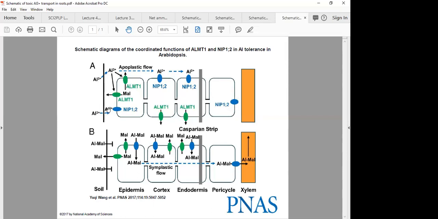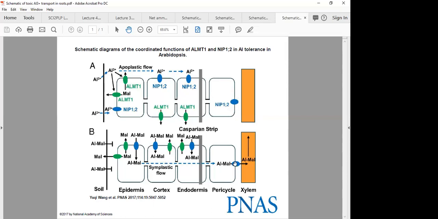Here we have aluminium ions that are actually being transported by this transmembrane protein called NIP12. Now, what happens when aluminium is transported into the cells? Then it will be bound up by malate to form an aluminium malate complex. In that way, it's no longer toxic to the cell. How does the cell deal with it? It transports it through the plasmodesmata from cell to cell.